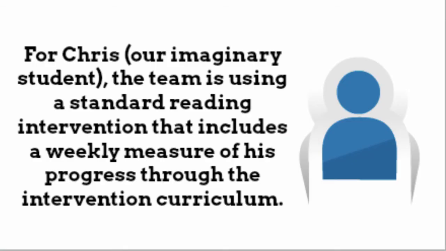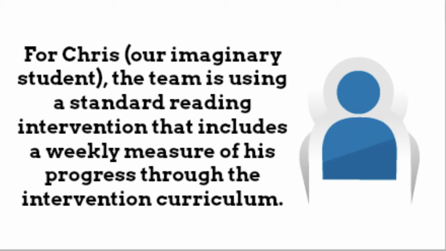For the example of Chris, we know that he's significantly below grade level. So we would measure him about one time a month, using a 4th grade oral reading fluency probe because that's his assigned grade level. This would be infrequent. But more frequently, to make sure that he's progressing, we would use a 2nd grade oral reading fluency probe.